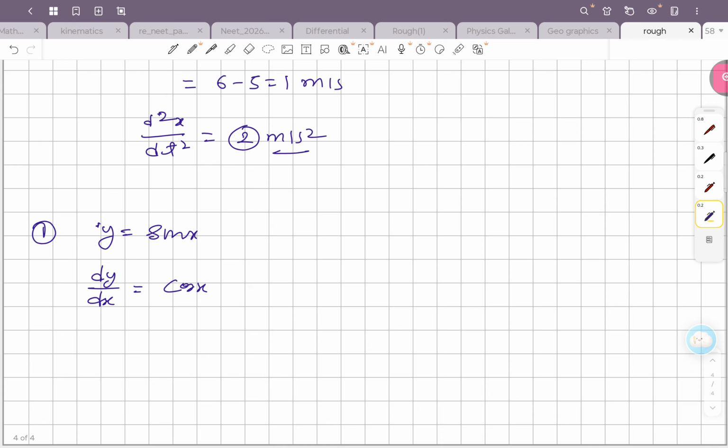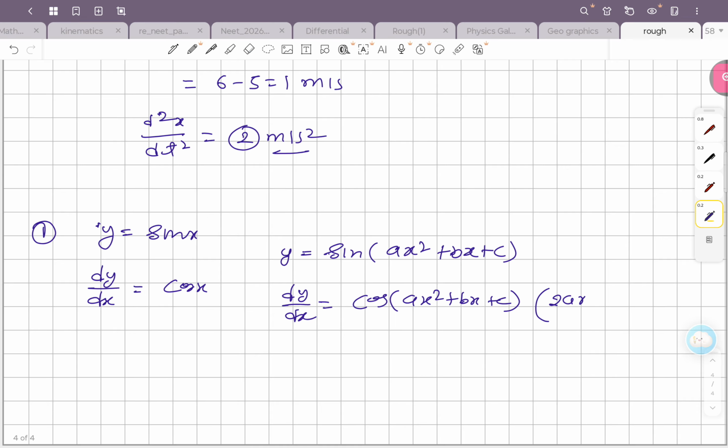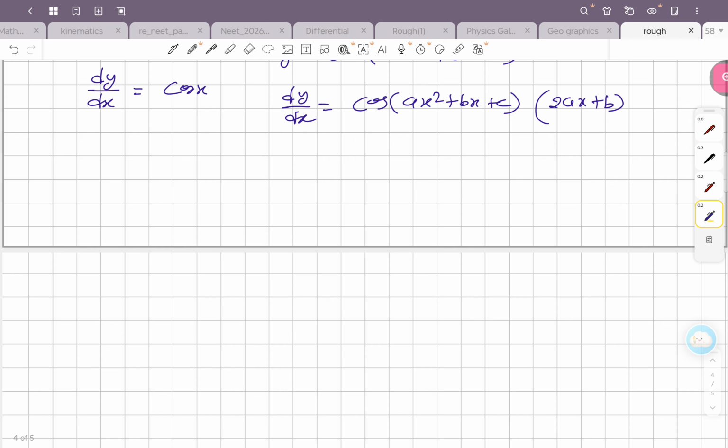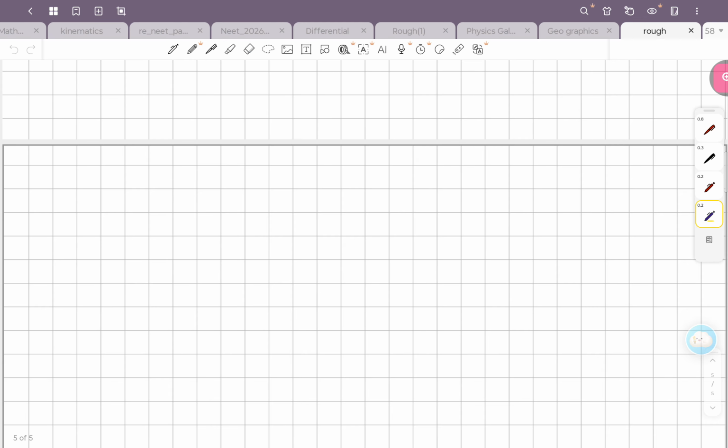Suppose you are given sin(ax² + bx + c). Then dy/dx: sine becomes cos of (ax² + bx + c), but it is different from x, so we differentiate it again, which gives 2ax + b. Understand? It is a very simple technique: differentiate the inside again. Keep it in your mind.